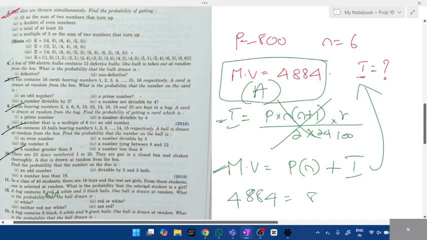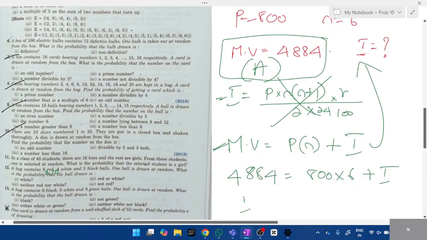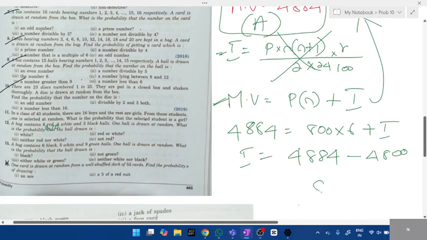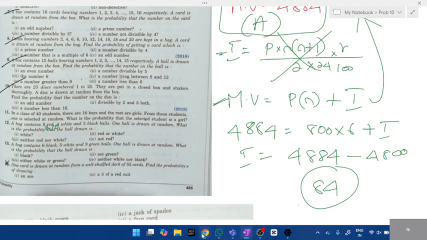What's the answer? 800 into 6. Simple question. What is I? 4884 minus 4800. What's the final answer? I is equal to 84.